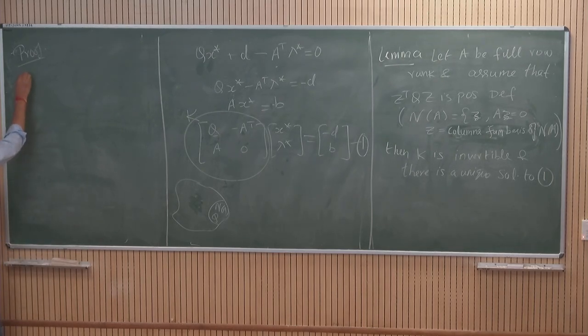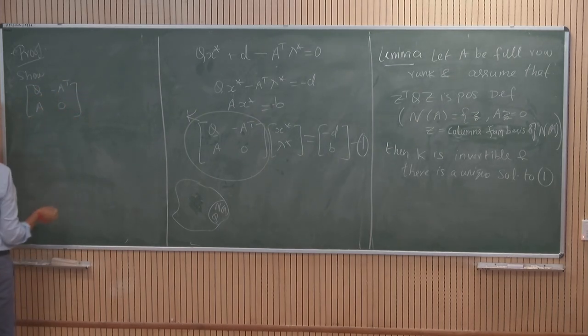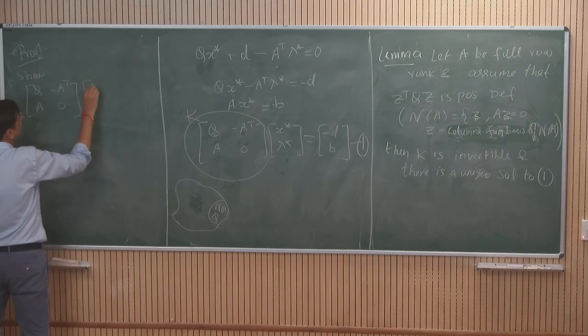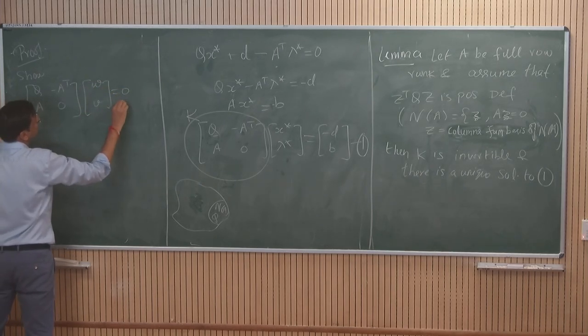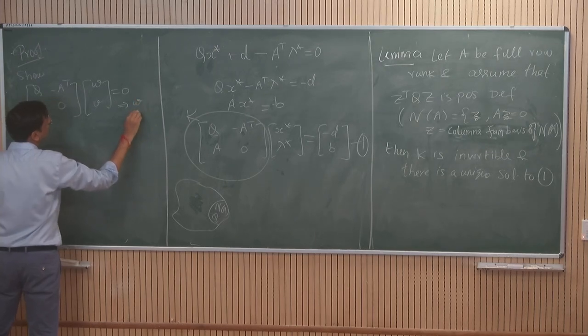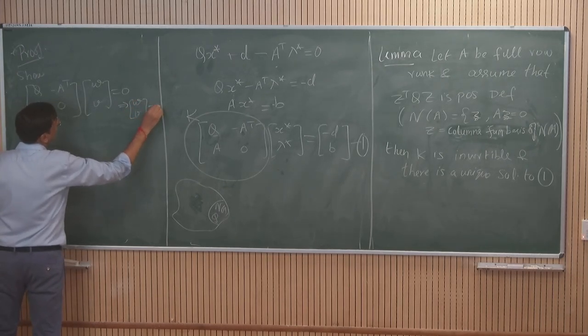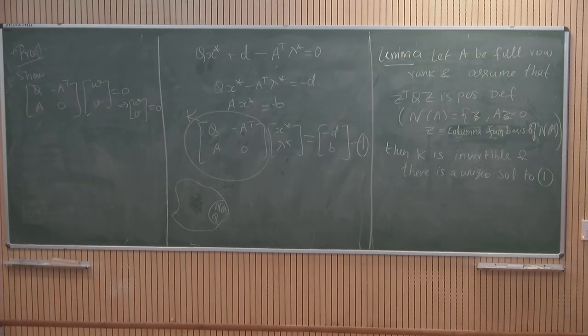So we are going to show that if this is my K matrix and I multiply with vector (W, V) and make it equal to 0, this would imply that (W, V) equal to 0. Correct? If I can show this, then I'm done. Everybody agrees?